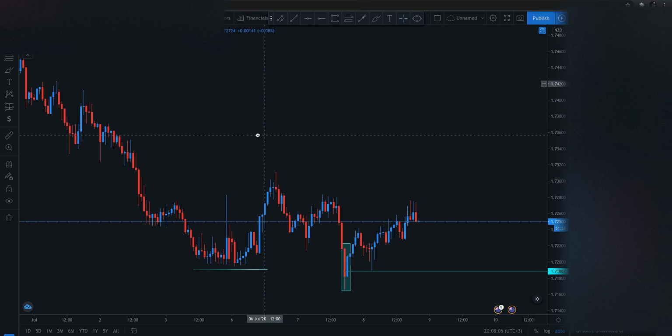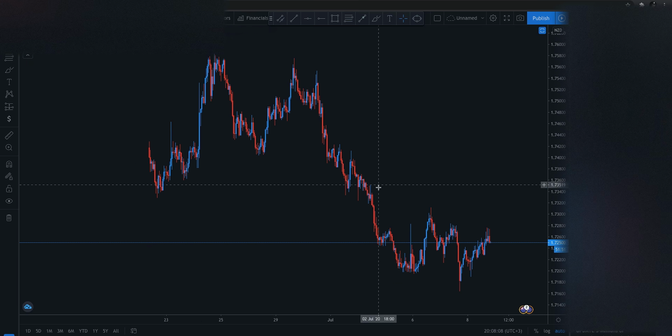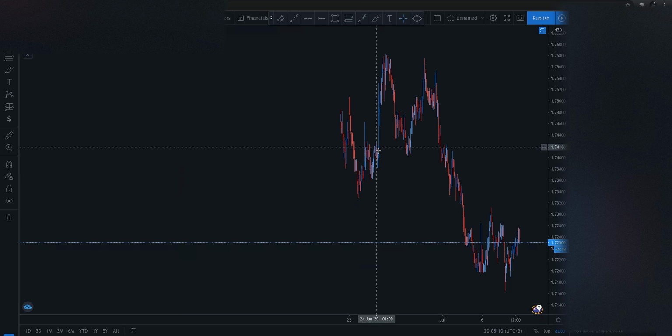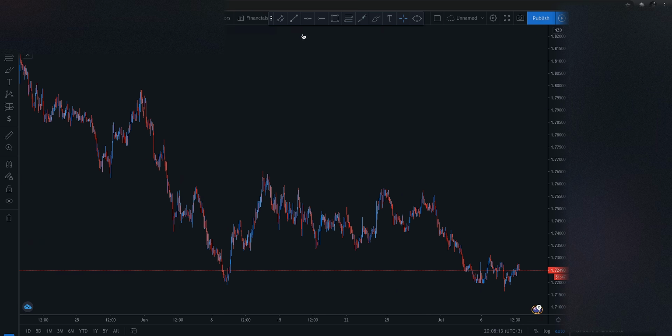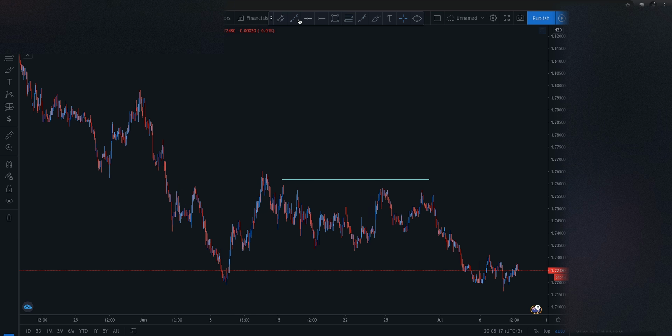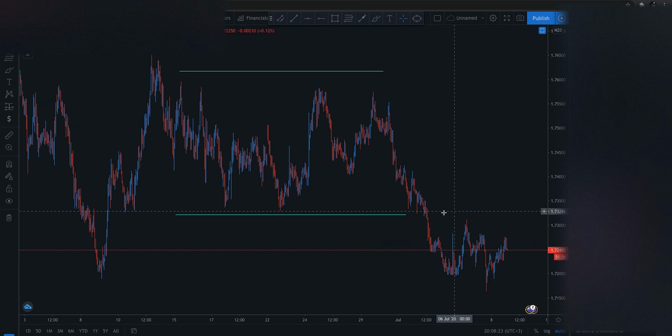Okay, so before we were looking at something different, and I had gone through this on my live stream. We were looking at equal highs right here on NZD, and we were looking at equal lows right here. And I had predicted that the market would come down to this area before going into profit, or before continuing with a bullish trend, right?